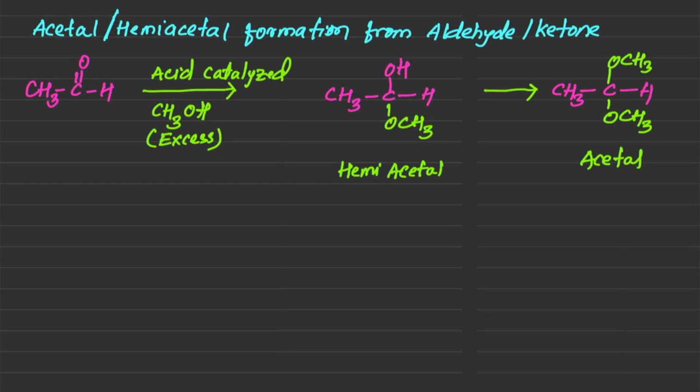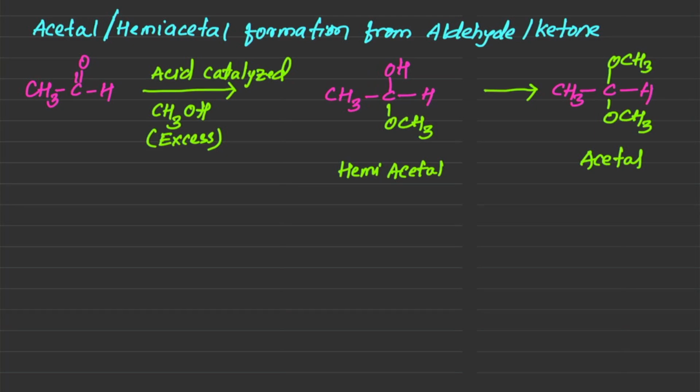So when we react an aldehyde in acid catalyzed medium, which means you're going to have plenty of acid, an excess supply of H plus ions, and you react with an alcohol. This is important: you have excess alcohol and excess proton. Then you end up adding this alcohol molecule, CH3OH, to your pi bond right there.